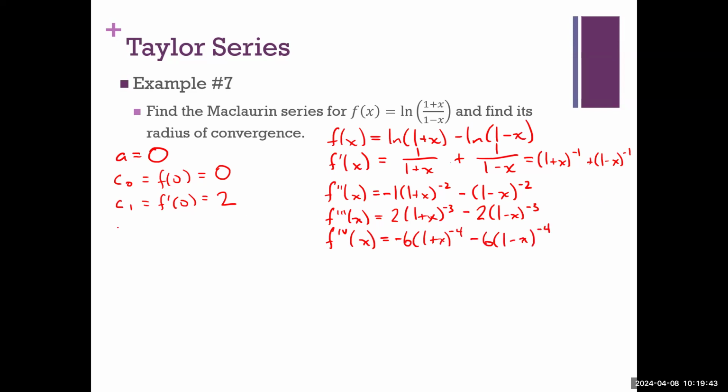All right, so can we get some more coefficients? What is C2? It's f double prime of 0 over 2 factorial. So is that negative 1?